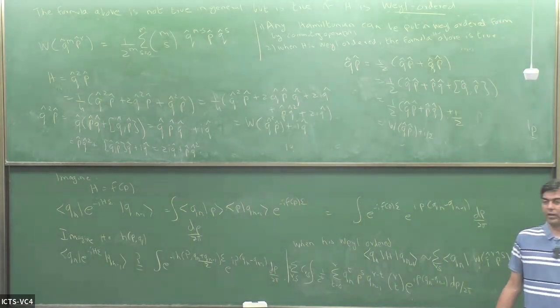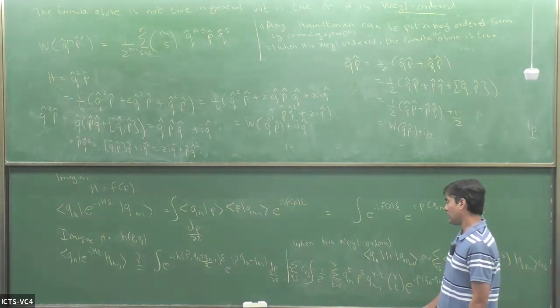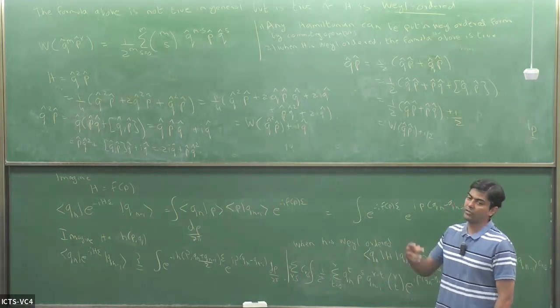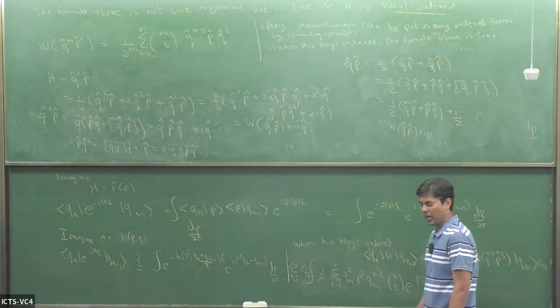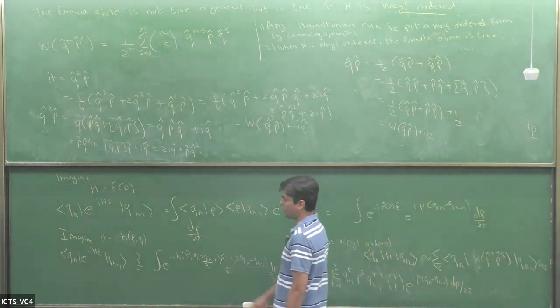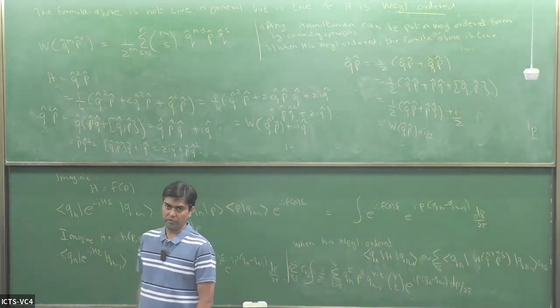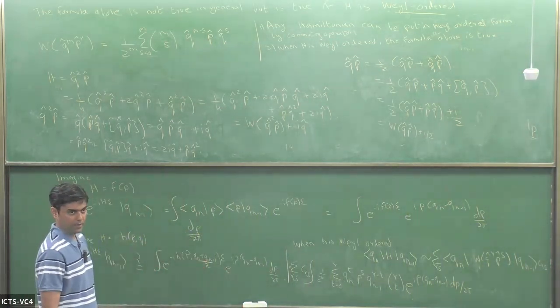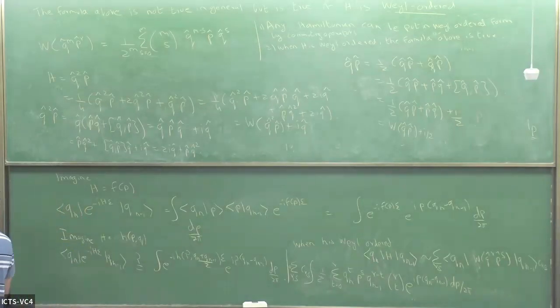Where did the operator ordering ambiguities go in the path integral? So it's not like they went away. When we go to the path integral formalism, we always make some tacit choice of how to operator order, and one common choice that's made is the Weyl ordering choice, which ensures that these kinds of symmetric formulas become true. Okay. Is this clear what we said so far?